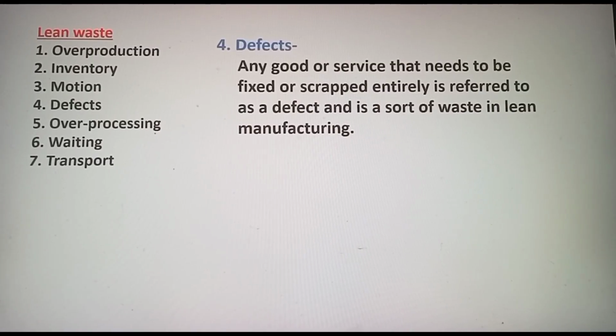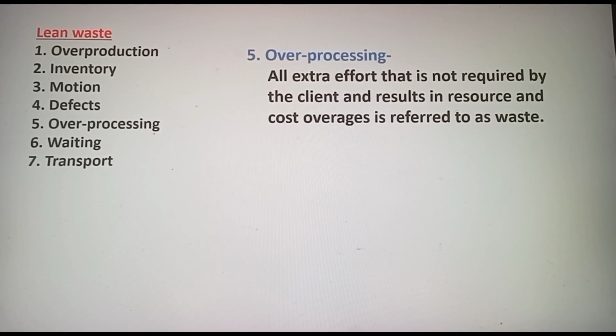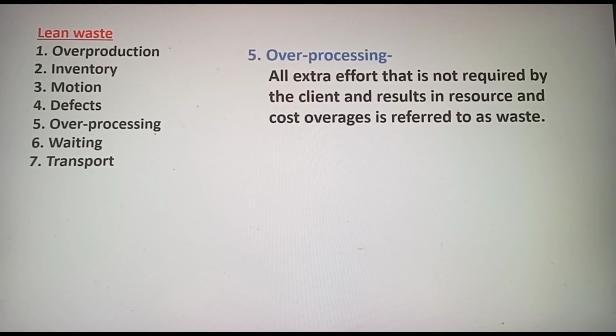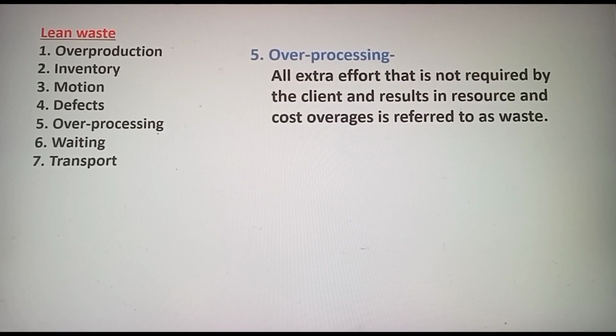Fourth, defects. Any good or service that needs to be fixed or scrapped entirely is referred to as a defect and is a sort of waste in lean manufacturing. Fifth, over-processing. All extra efforts that are not required by the client and result in resource and cost overages are referred to as waste.